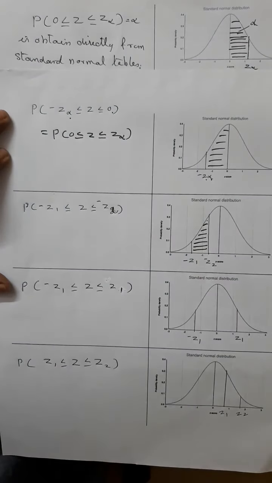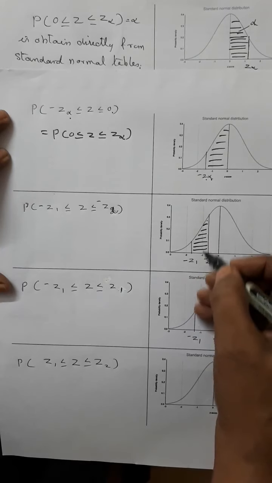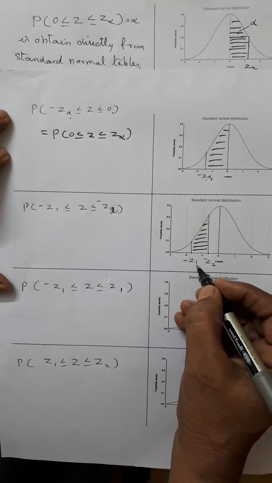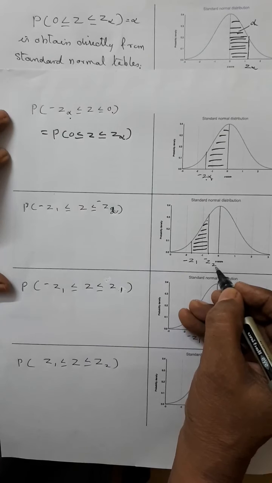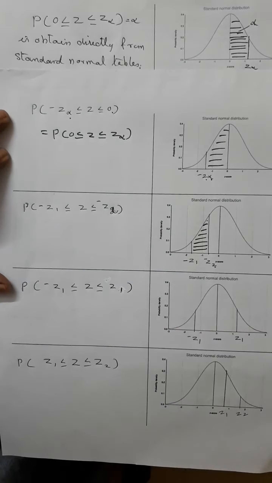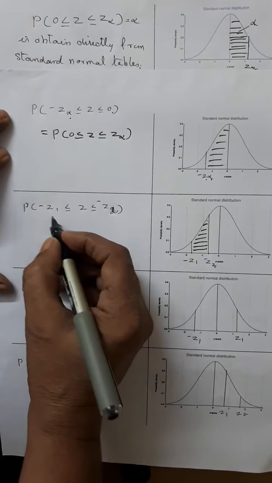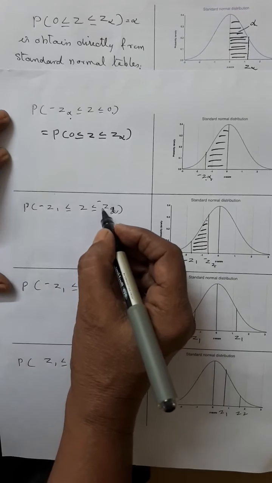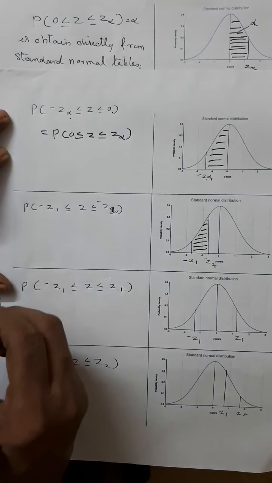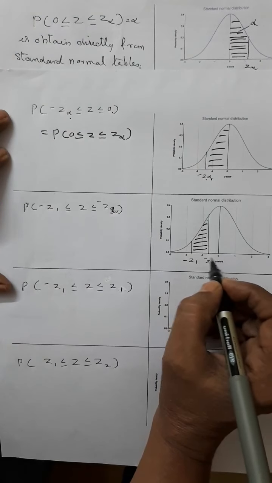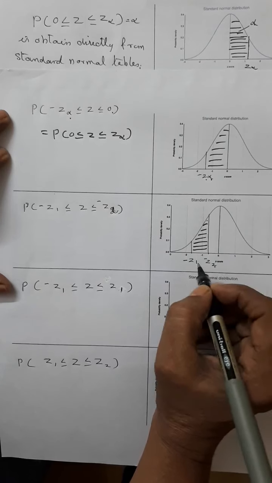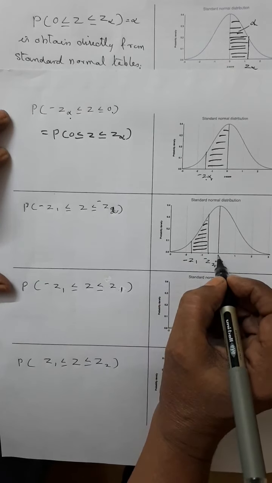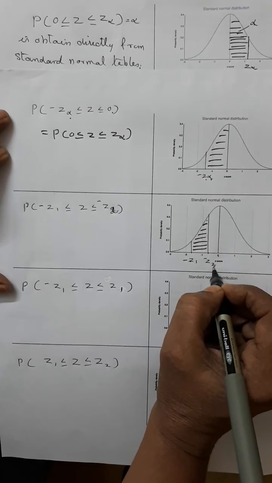Suppose we want to find this shaded region, that is, the region between minus z1 and minus z2. That is P of minus z1 less than or equal to Z less than or equal to minus z2. This region is the difference between the region from 0 to minus z1 and 0 to minus z2.